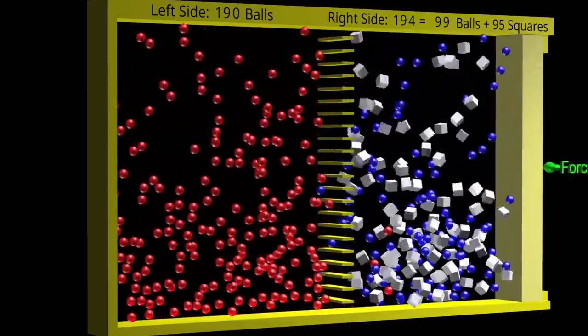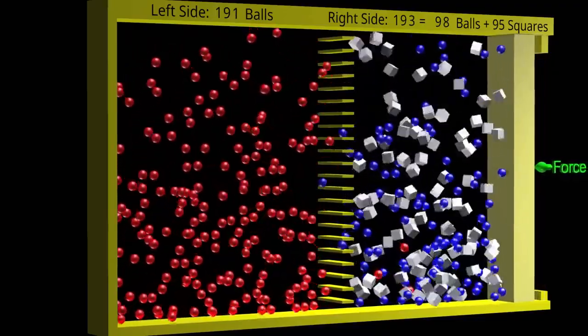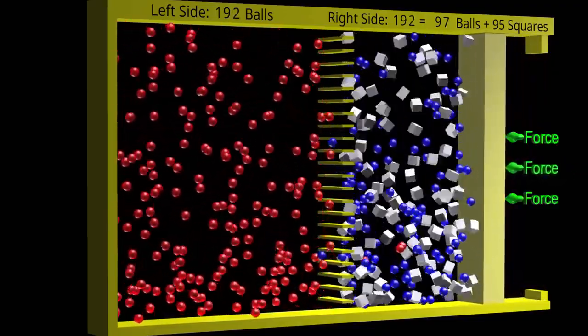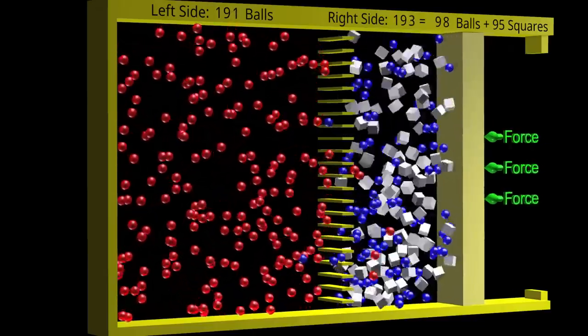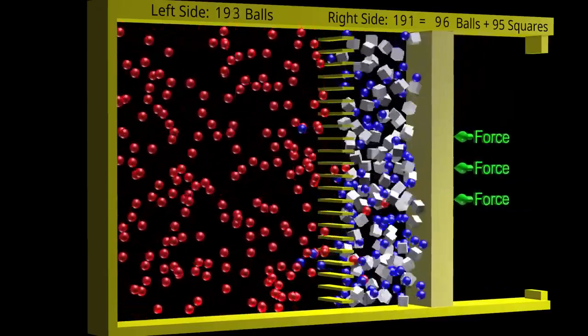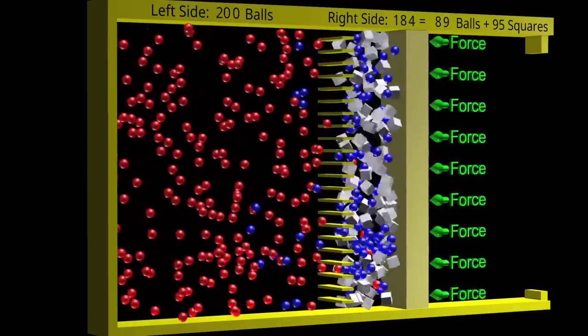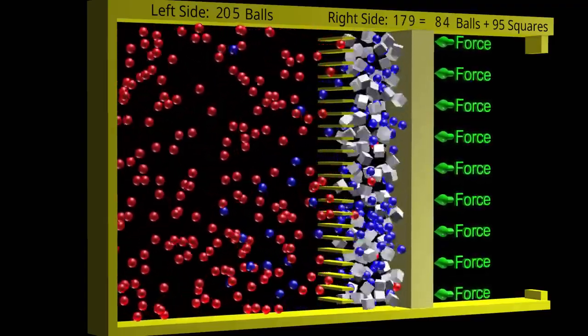But once we apply a force to the wall on the right, there is a net migration of balls from the right side to the left side. This can be seen in the numbers at the top of the screen.